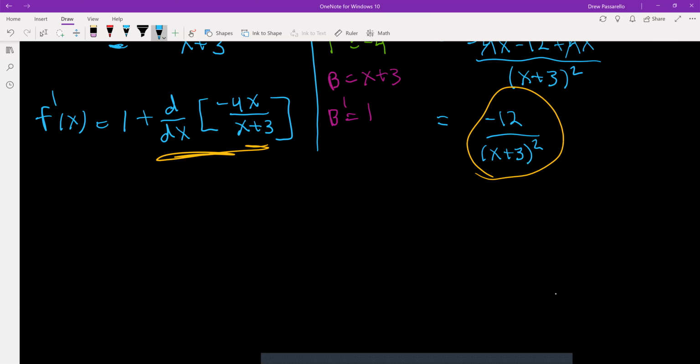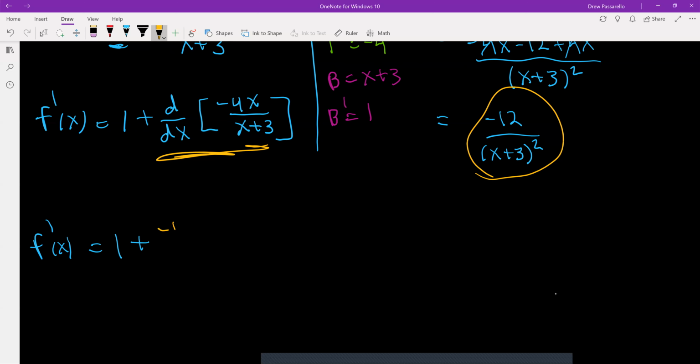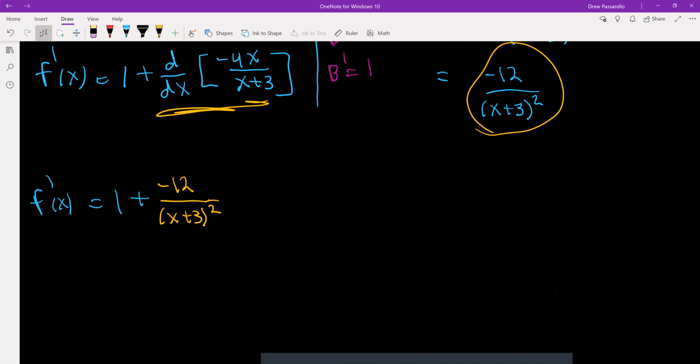So f prime of x is going to equal 1 plus negative 12 over x plus 3 squared. All right.